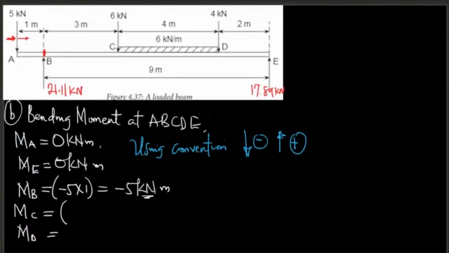So for the moment at C, I have 5 kilonewton and that reaction at B. So I'm going to have minus 5 multiplied by the distance between A and C, which is 4, then plus my reaction, which is facing up, 21.11, positive sign, multiplied by the distance there, which is 3. Someone should give me this value.